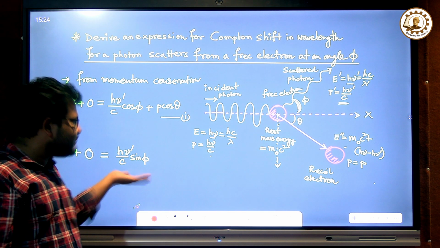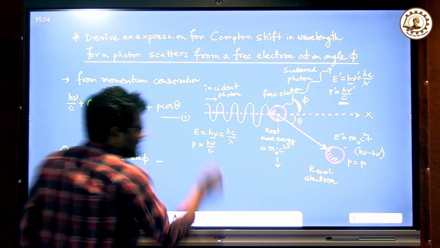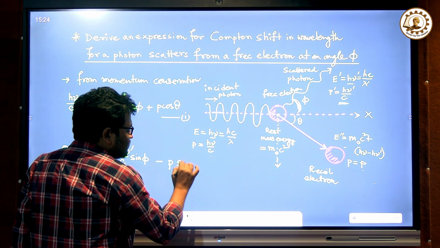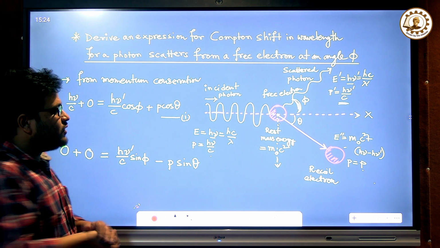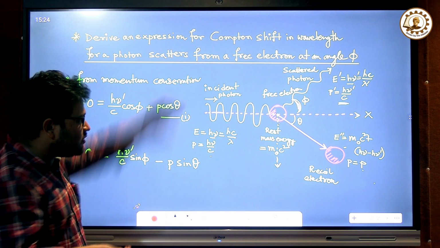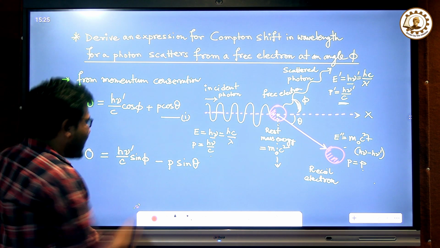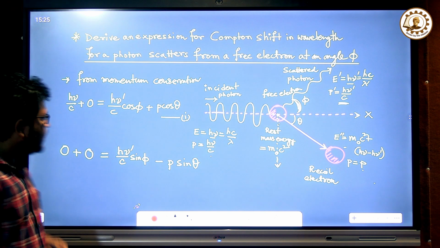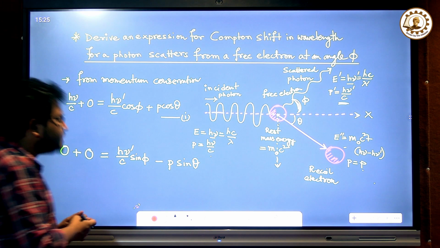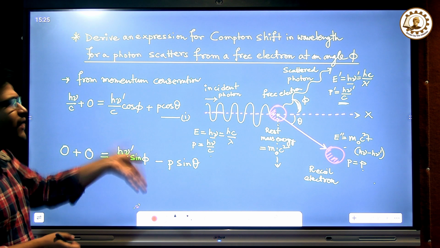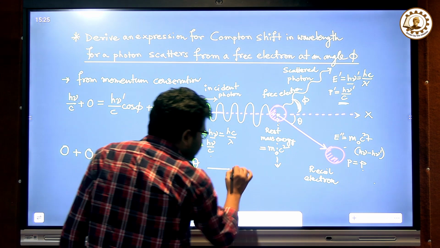So that is why I have taken it as negative p sin theta, since the vertical component of the recoiled electron is along the negative y-axis, that is, along the downward direction. So this is the momentum conservation equation along the vertical direction of this whole system. I am writing it as equation number 2.